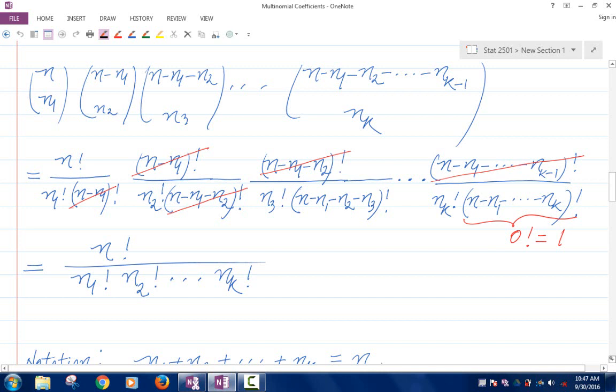Once you do the cancellations, all you will be left with is n factorial divided by n1 factorial, n2 factorial, n3 factorial, and so on. So we get n factorial over n1 factorial, n2 factorial, dot dot dot, nk factorial.